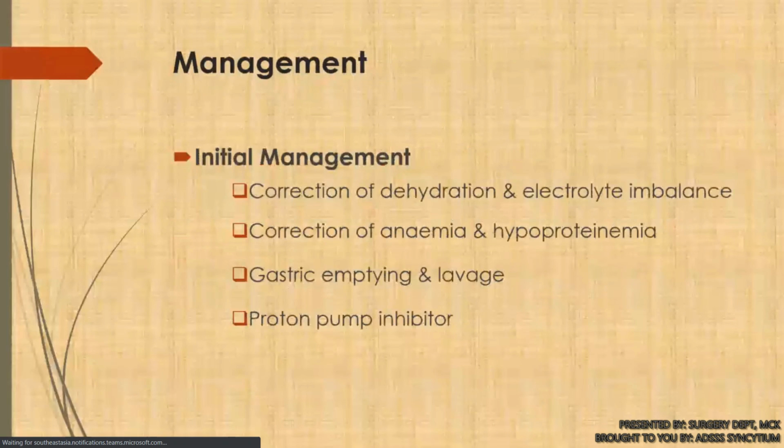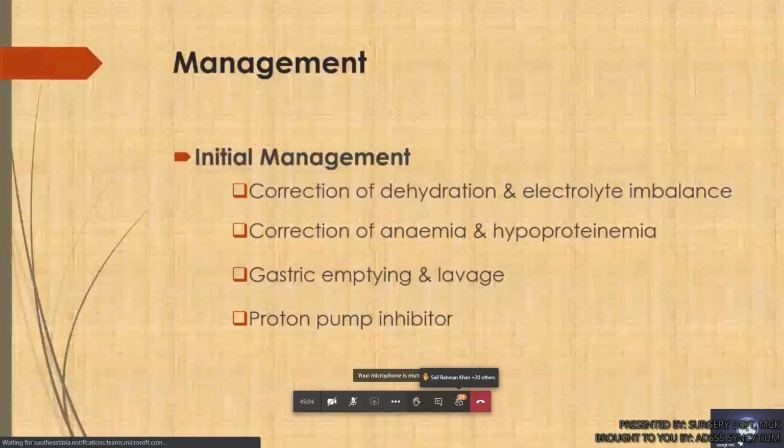How do you manage a case of gastric outlet obstruction? Initially, the patient becomes very sick, dehydrated with electrolyte imbalance, anemic, cachectic, just like malignant conditions. So initially, you have to resuscitate the patient.